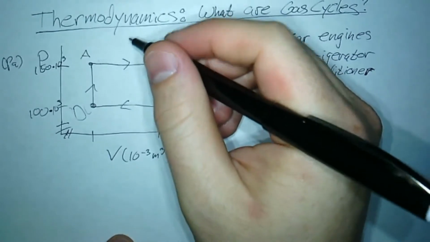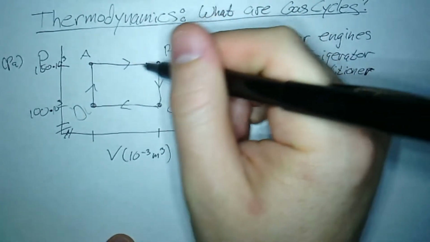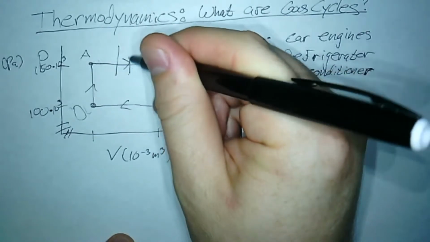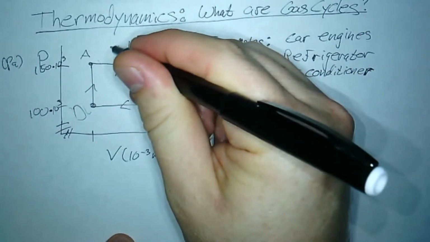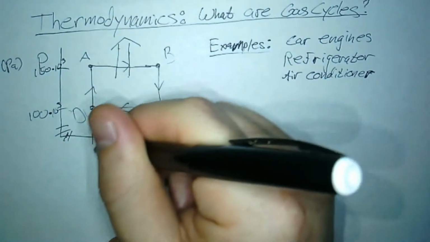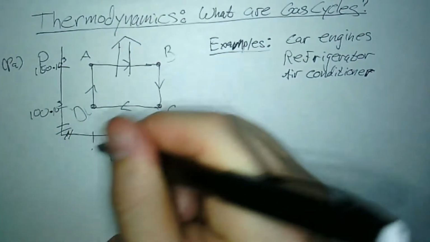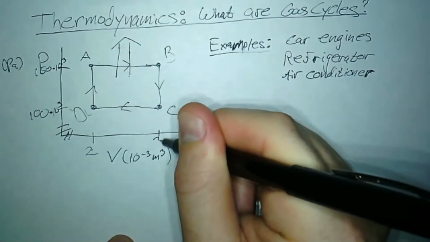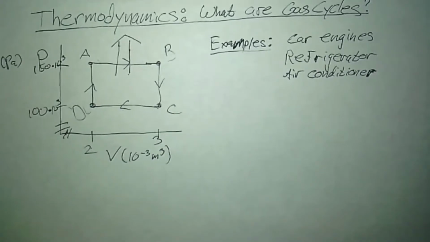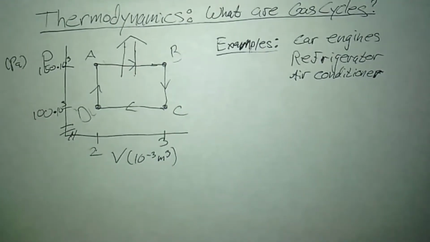So here, because you are doing work, you have energy in the form of work leaving. Oh, I didn't put numbers down here. Let's say this is 2 and 3. So what we can do is figure out the temperature at each of those 4 points.